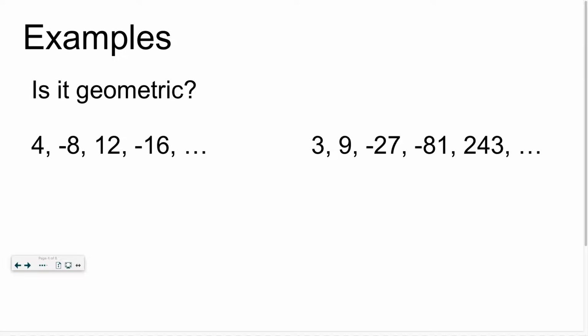Okay, let's come together and see what we say. First one, geometric? No. Can anyone kind of offer up their group's explanation for why that's a no?